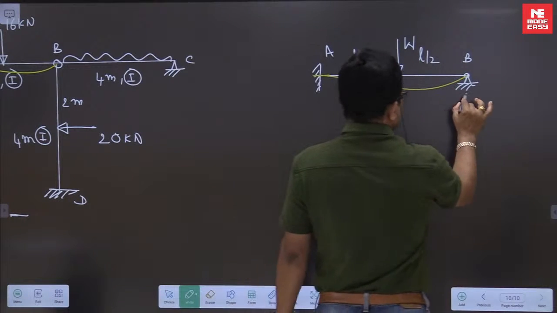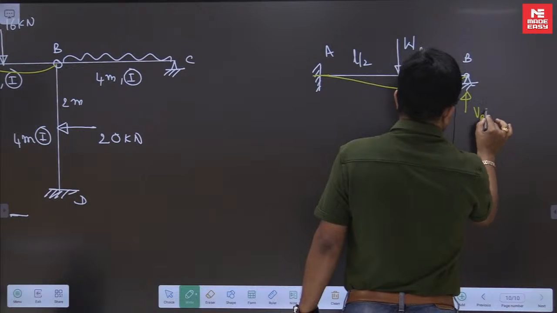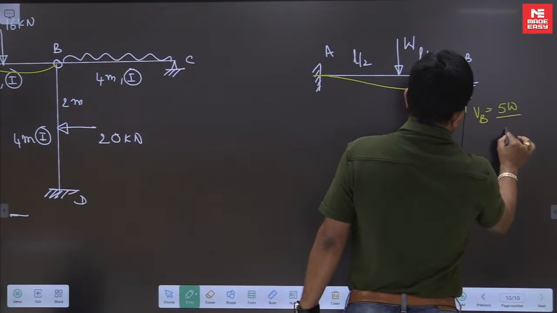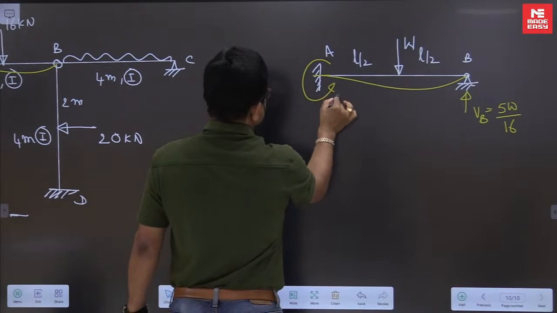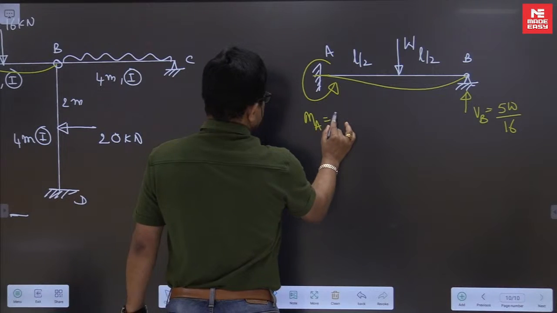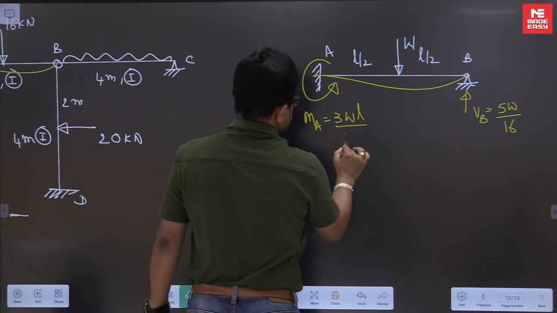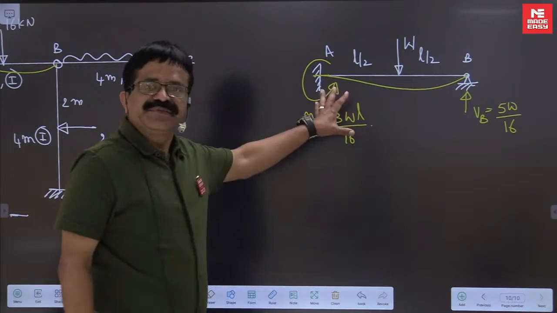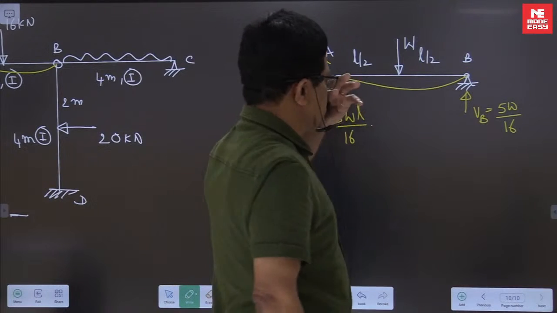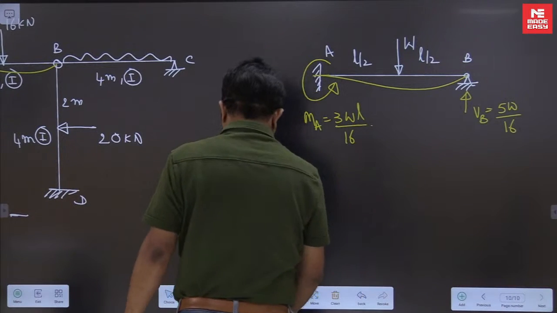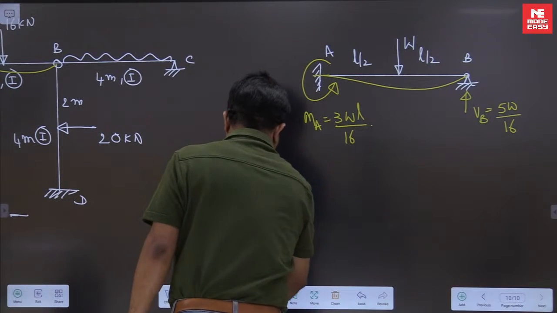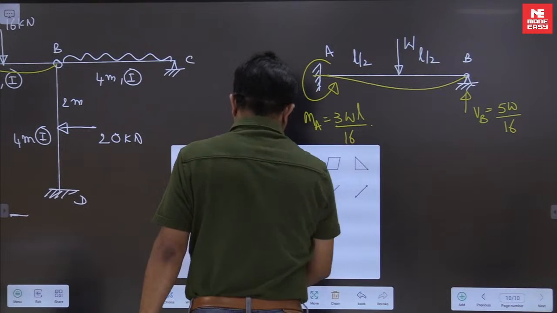For this profile, this VB we have learnt is 5W by 16. Moment at A also we know is 3WL by 16. Same thing we have studied in the plastic analysis also when you are drawing the diagrams or when you are finding the collapse loads.